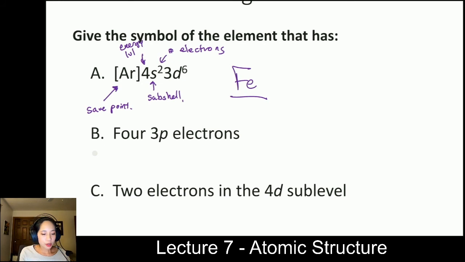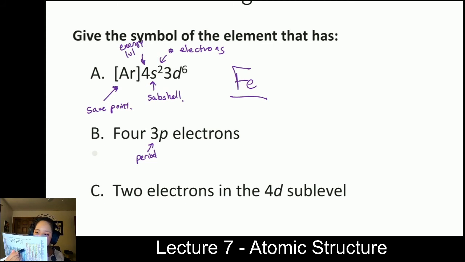Okay, so the next example: what is the element that has 4 3p electrons? We have to think, where is the 3p located on the periodic table? I know the p block is right over here, where it starts with boron, carbon, nitrogen, but it says 3, so 3 is our period number. The p block starts with 2p at boron, and then aluminum starts off our 3p elements.